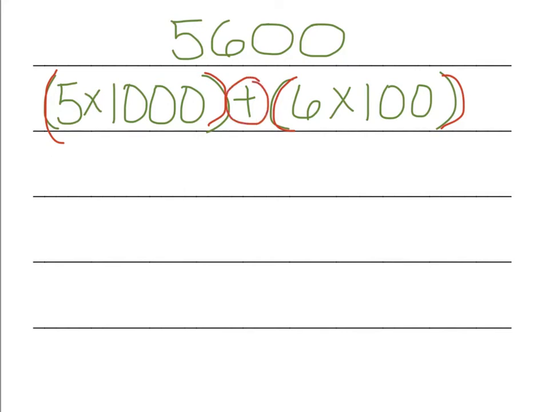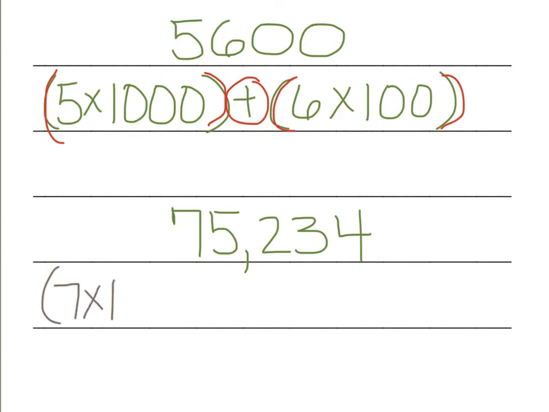How about another one? We'll go a little more complicated since that one's pretty easy. How about 75,234 in expanded notation? Well, pretty simple. 7 is in the 10,000s position.